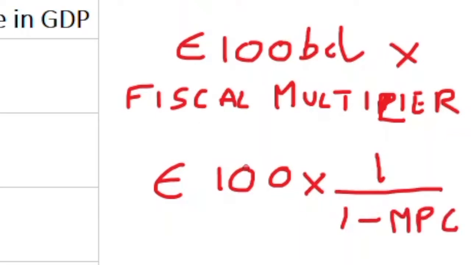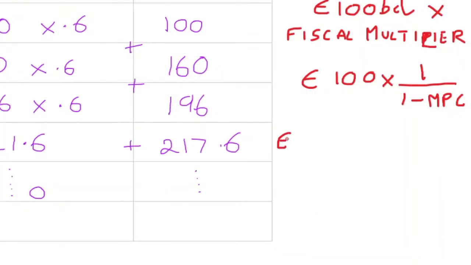consume. So it's whatever is injected into the economy, 100 billion here, multiplied by this formula over here. So the 100 billion is multiplied by, we'll fill in the figures here, 1 over 1 minus the MPC, which we know is 0.6.